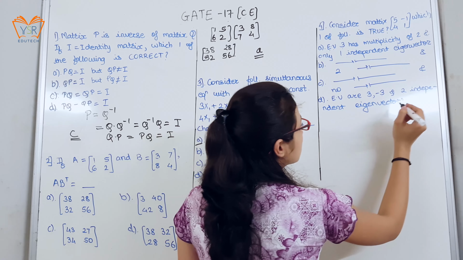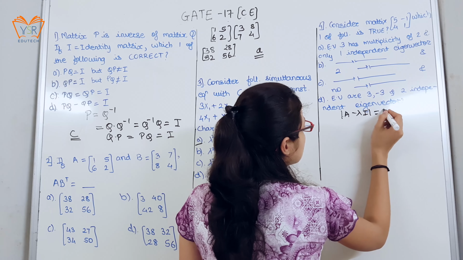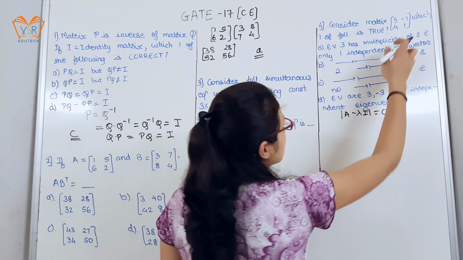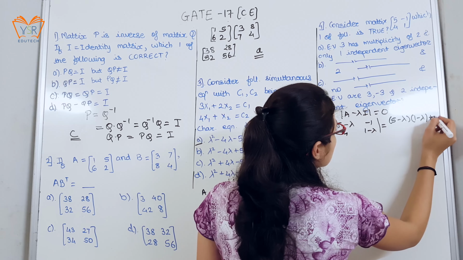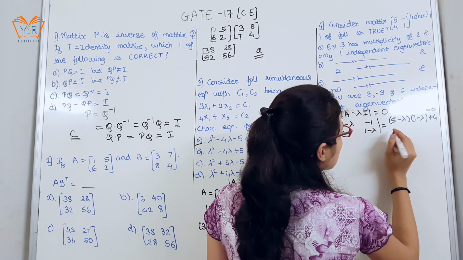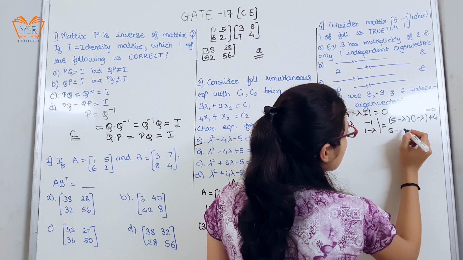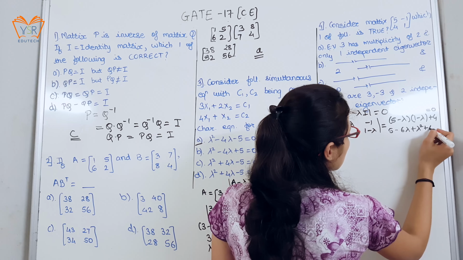Let us go for finding the eigenvalues. To find the eigenvalues, we have the equation determinant of A minus lambda I is equal to 0. For the given matrix A, I'll directly write 5 minus lambda, minus 1, 4, 1 minus lambda. The determinant value of this is (5 minus lambda) into (1 minus lambda) plus 4 is equal to 0. So this gives 5 minus 6 lambda plus lambda square plus 4.